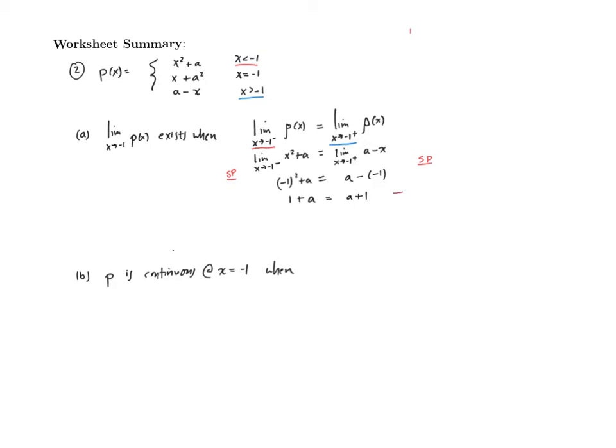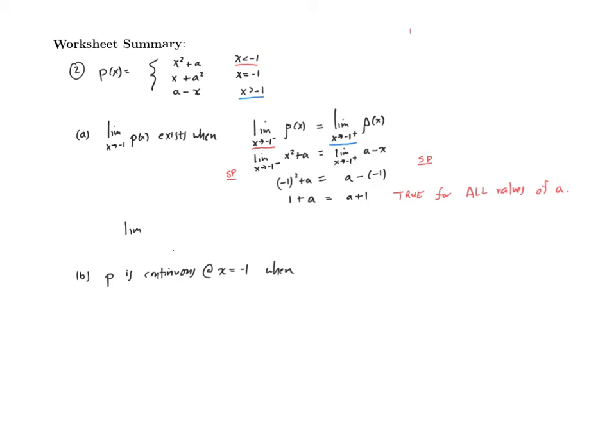So note, this is true for all values of a. That is to say, irrespective of the choice you make for a, this function p of x will have a limit at minus 1. So some conclusion needs to be given.